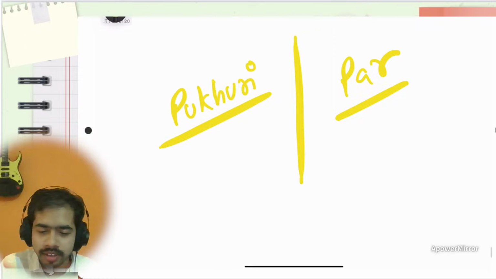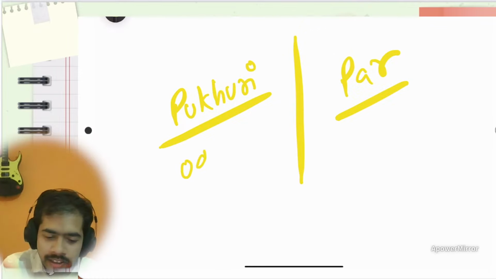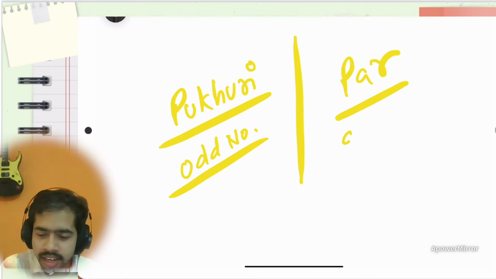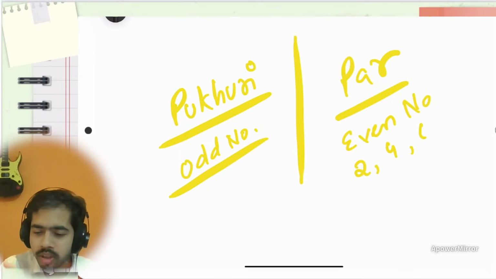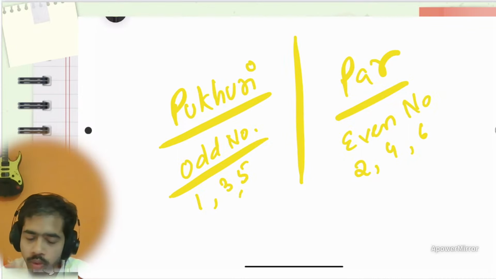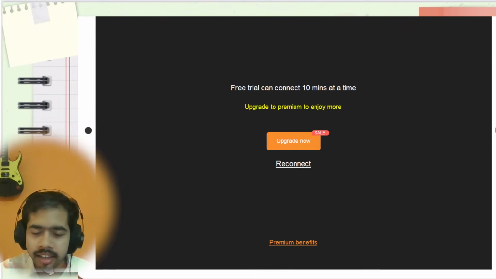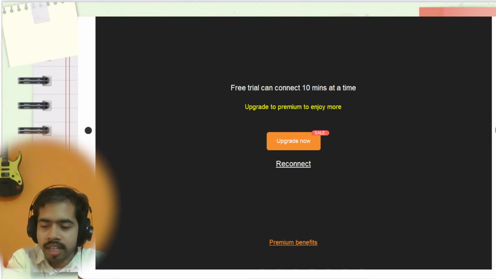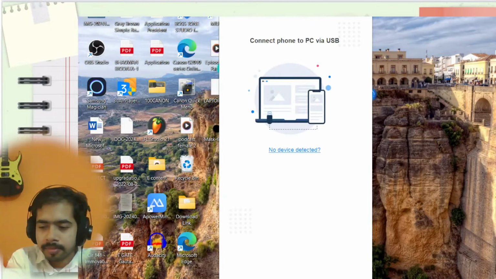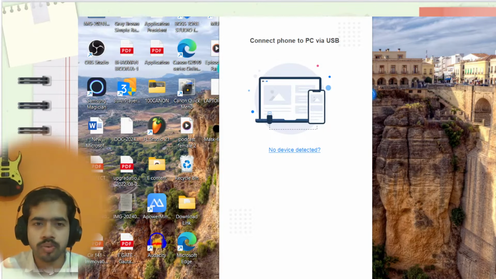Now suppose odd numbers for mathematics and even numbers. Suppose 2, 4 and 6 up to this, and here 1, 3, 5. We can ask our students that whenever I say an odd number, 1, 3, 5, they can do Pukhuri, and they can, let me reconnect this, just wait, it will come.